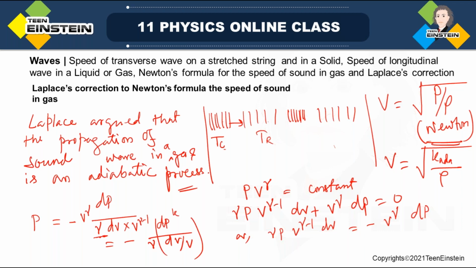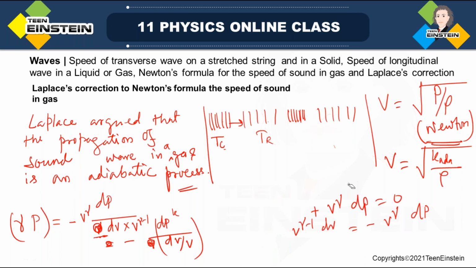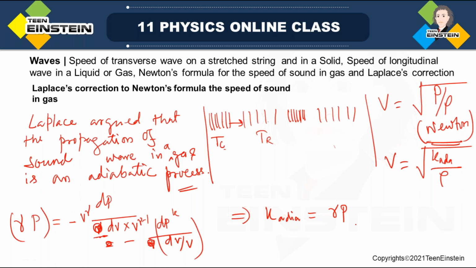So K equals gamma into P. So here the bulk modulus in an adiabatic process is found to be gamma into P. You can do it in a cool mind freshly, then you will be able to find the adiabatic bulk modulus to be gamma into P. So instead of pressure P, it is gamma into P.